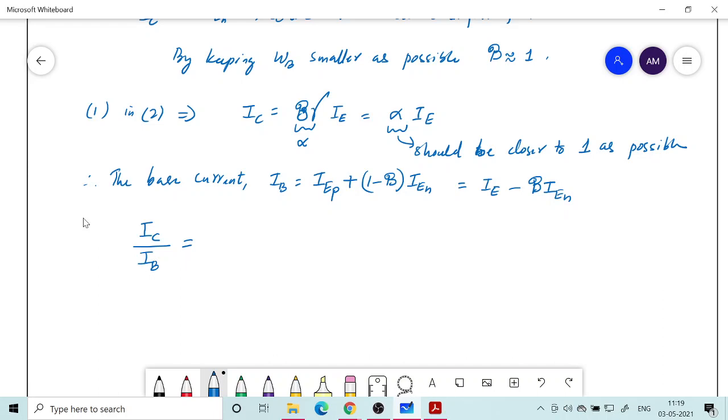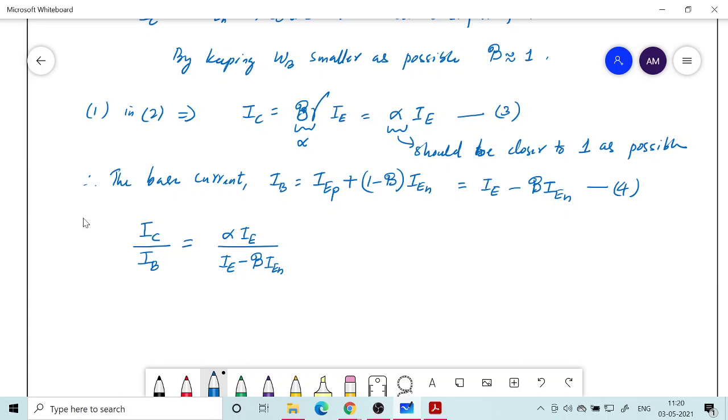So we have the IC expression here, so let me call it number 3 and this number 4. So IC by IB is basically alpha IE divided by IE minus this curly b IEN.